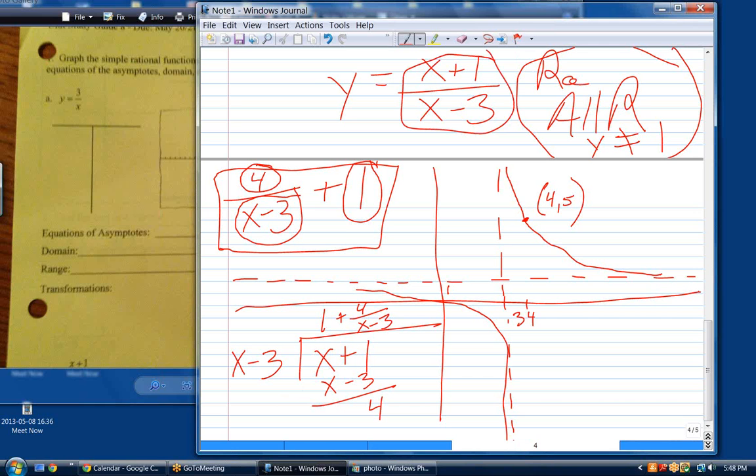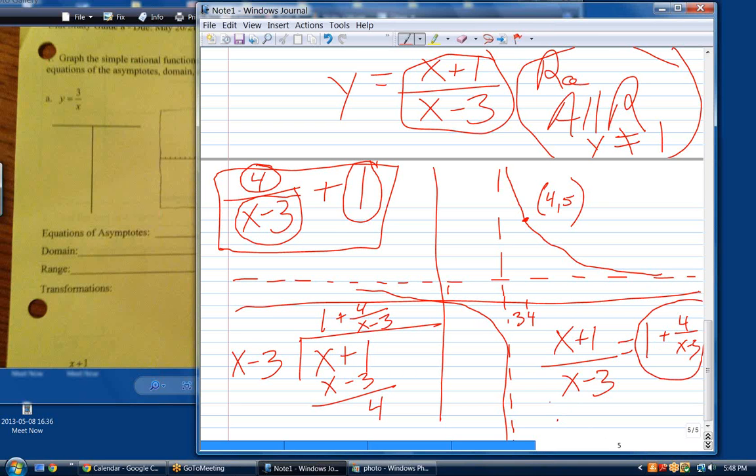Is that just different forms of the equation? Well, what I basically did was I took x plus 1, I divided it by x minus 3, and I got 1 plus a remainder of 4 over x minus 3. This is in the form of transformations. This is not.